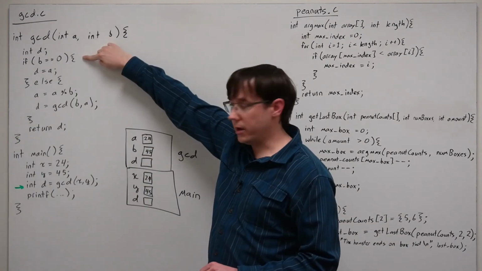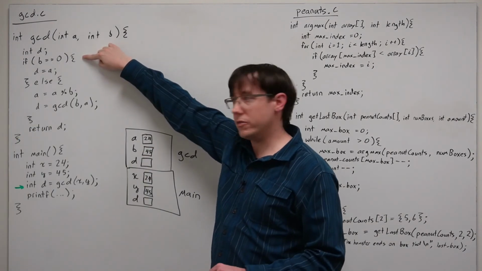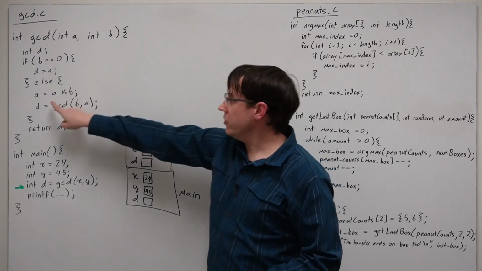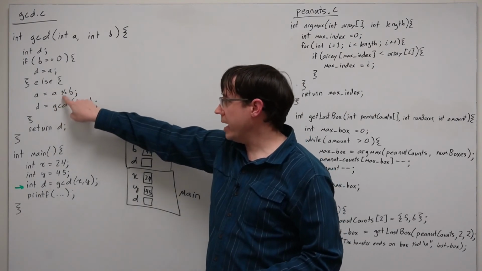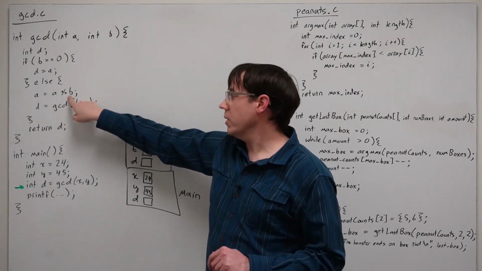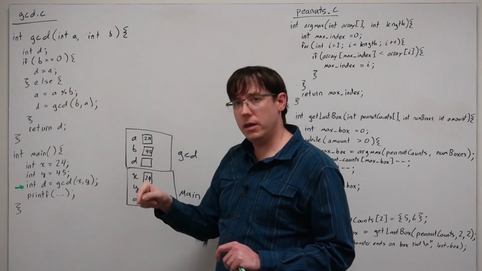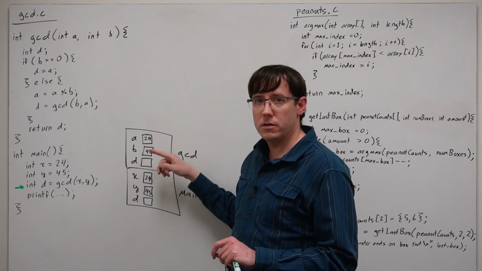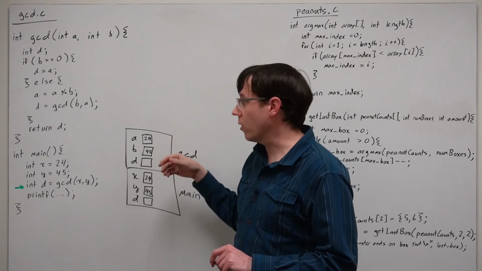Then we check if B is 0, and it's not, so we go to the else case, where we set A to be equal to A mod B. The mod operator gives us the remainder when we divide A by B. So when we divide 24 by 45, we get 0, remainder 24.